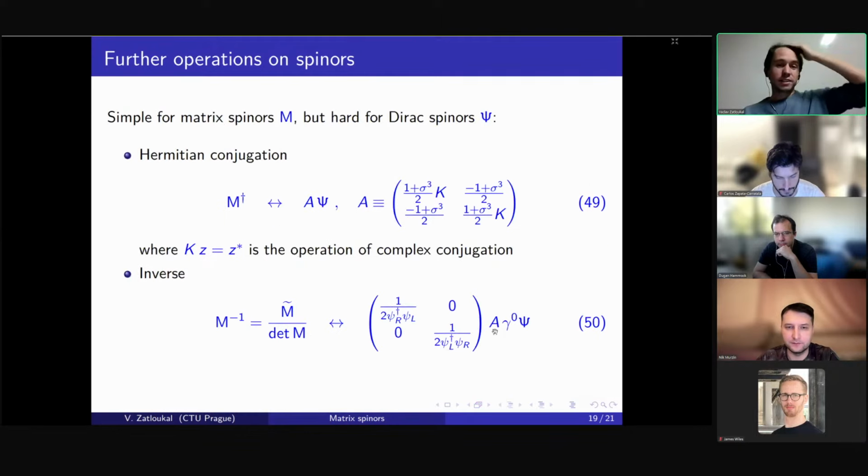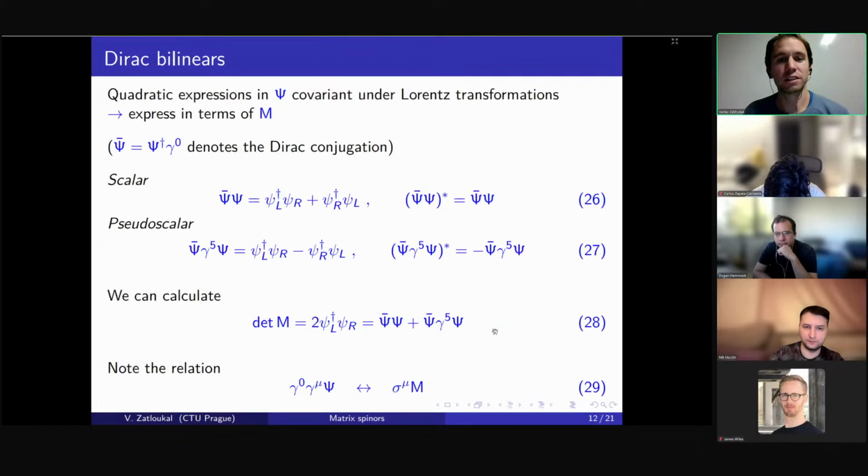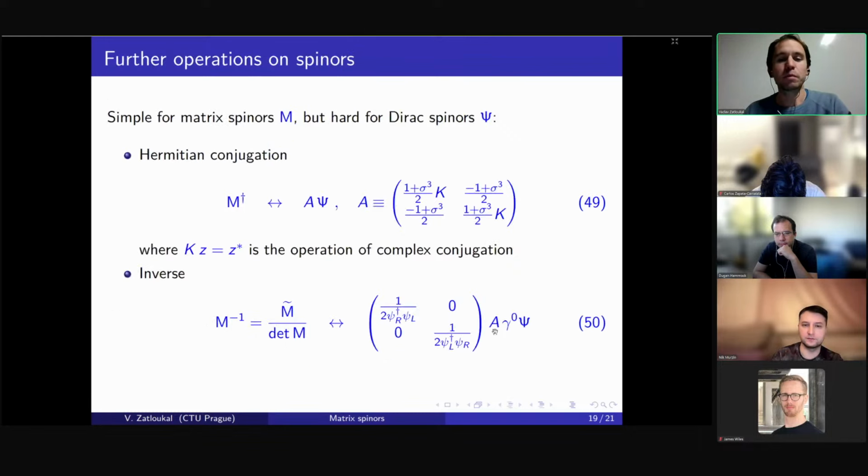Well, maybe kind of a moral of this approach to spinors is that indeed psi and m are equivalent. We had this boxed equation that translates between the two, but some operations are quite natural on the level of matrices, and they get quite nasty on the level of Dirac spinors.